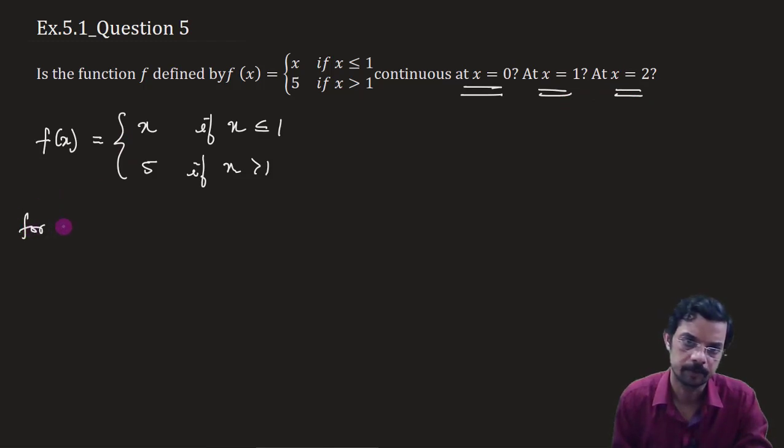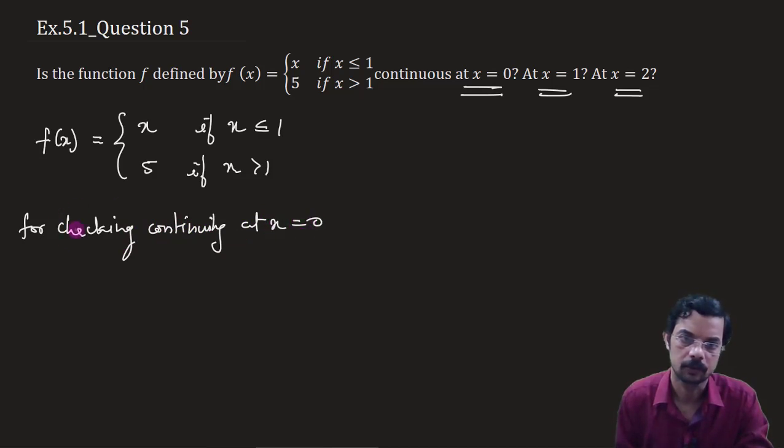For checking continuity at x equal to 0, we will first of all find the value of the function at x equal to 0. So f of 0, what is f of 0? f of 0 means at x equal to 0, this function will work and it is equal to x. f of 0 is equal to 0, right?